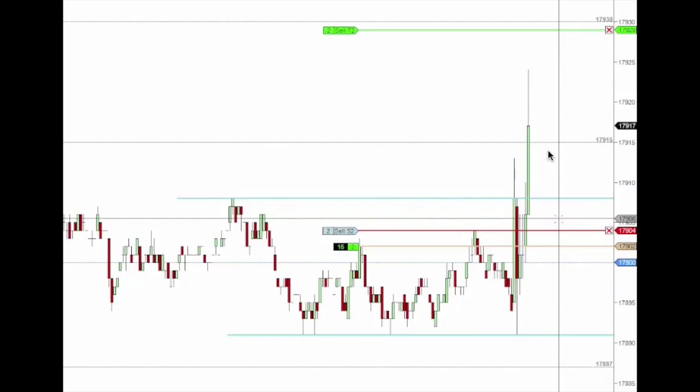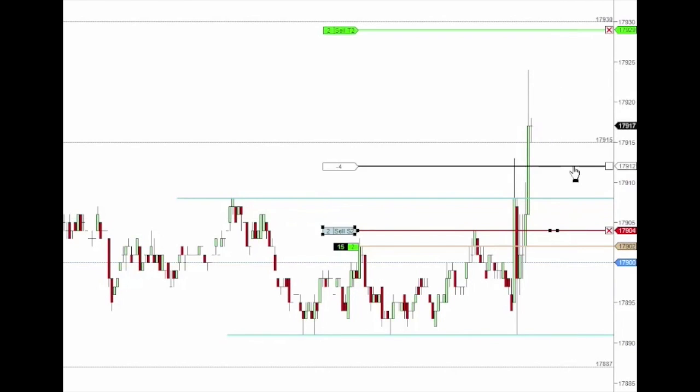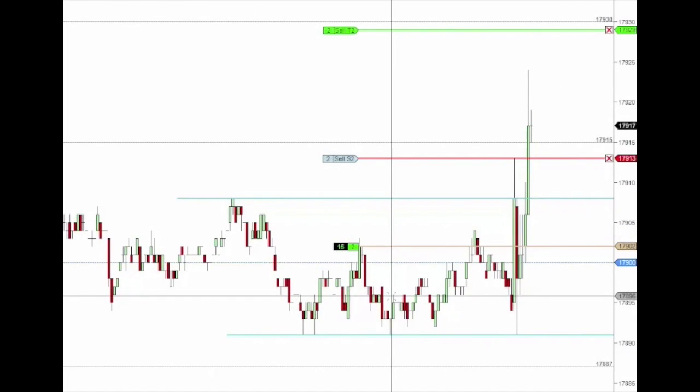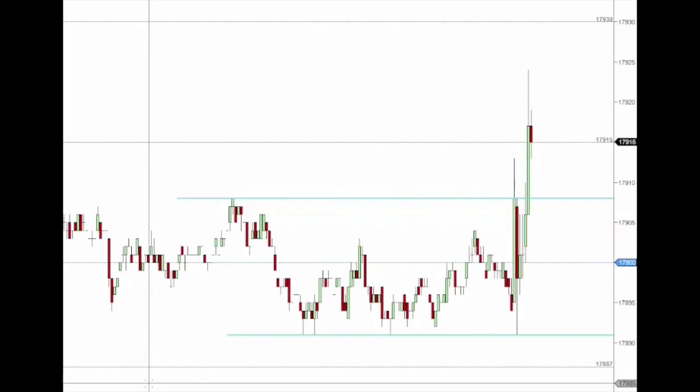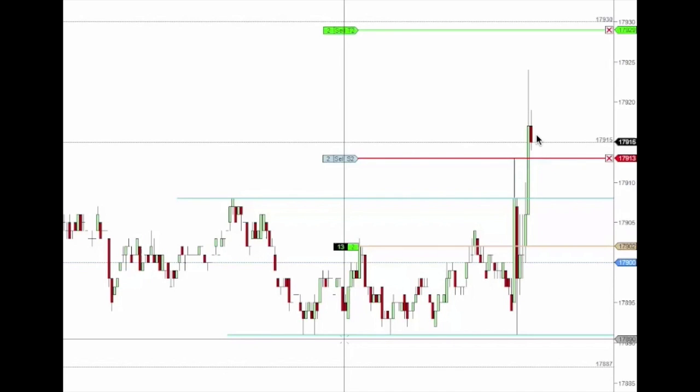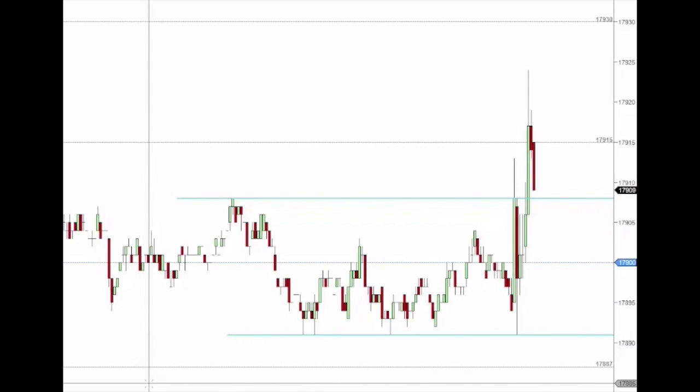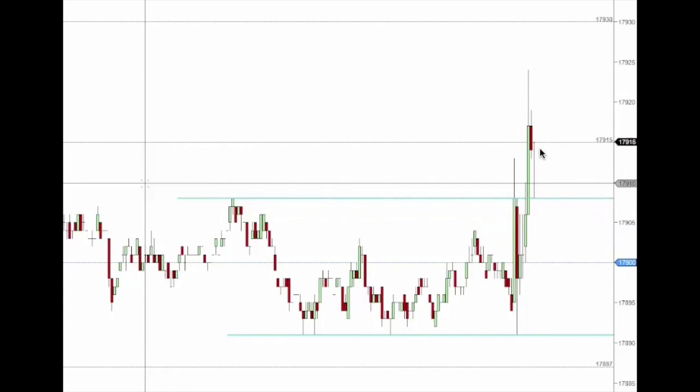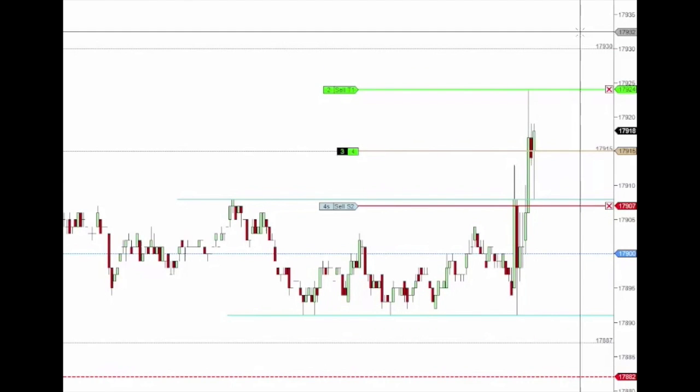And the thing I'm not going to do is just let it come all the way back down, which kind of sucks because I was almost certain it was going to get taken. Now the interesting thing is that I actually managed to get in on a third trade on this day, almost at the same point I got out.